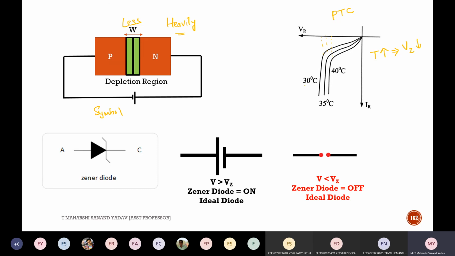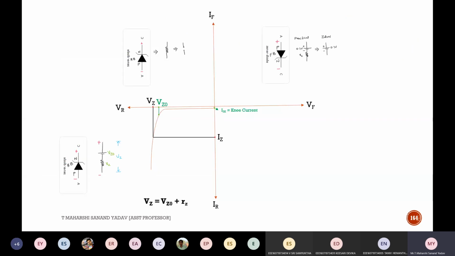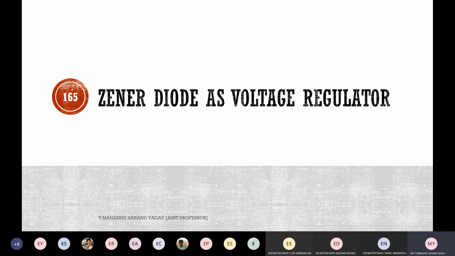So at 30 degrees centigrade, suppose this point is 3. If I increase the temperature to 35, then obviously it is getting reduced. At 40, it is getting reduced. So you need to remember positive temperature coefficient as well as negative temperature coefficient. Once you go through this, this is the overview, and later we shall discuss all the special cases.